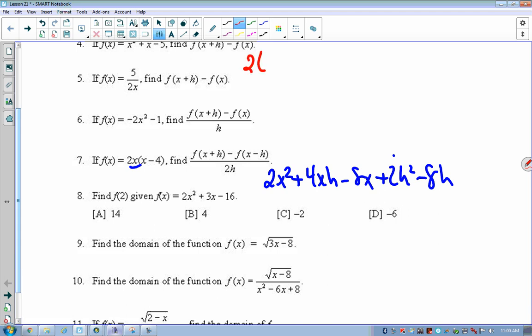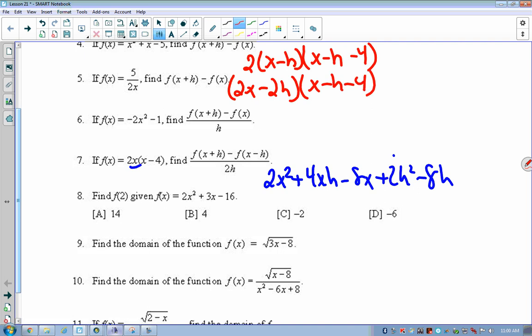F of x minus h. So 2 times x minus h times x minus h minus 4. Okay? So we've got 2x minus 2h times x minus h minus 4. Okay?